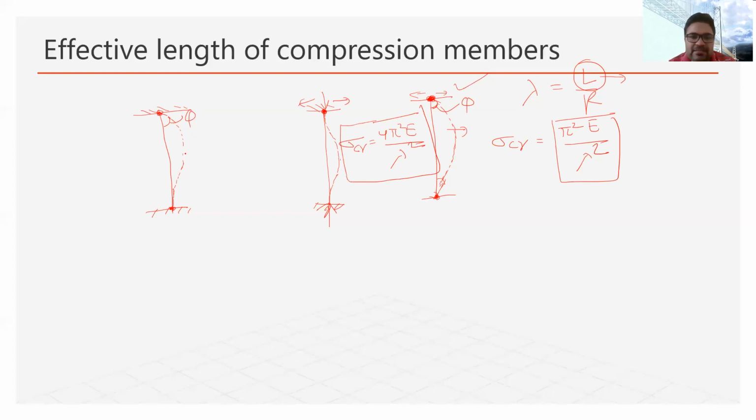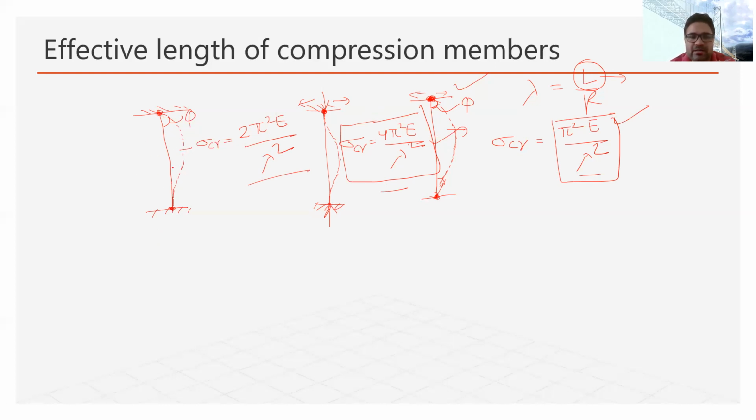In that case the sigma CR value will be between the two, because one end is fixed and one end is hinged. So it will be twice of pi square E upon lambda square. With this relationship that I have shown you, we can say that the critical load capacity of the column is also dependent on the end conditions.